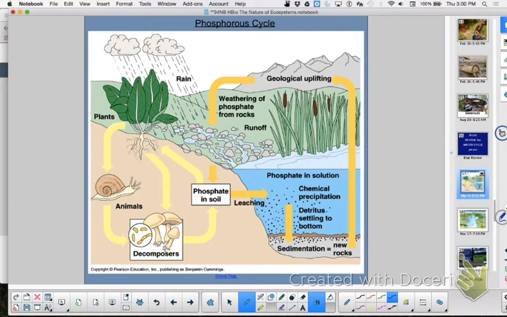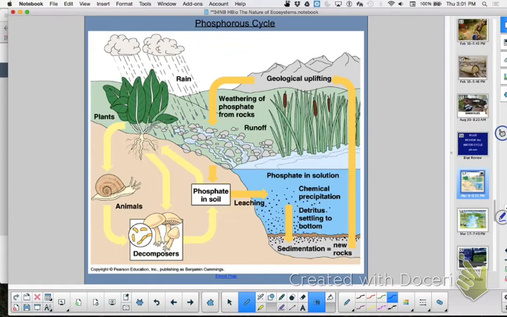When man adds extra phosphates into a body of water through maybe animals, fertilizer, runoff from our homes, factories, all of a sudden there's a whole lot of phosphates in the water. What are you going to get a whole lot of then as a result of that? Algae and plants, which you're like, yay, producer, make some oxygen for us.